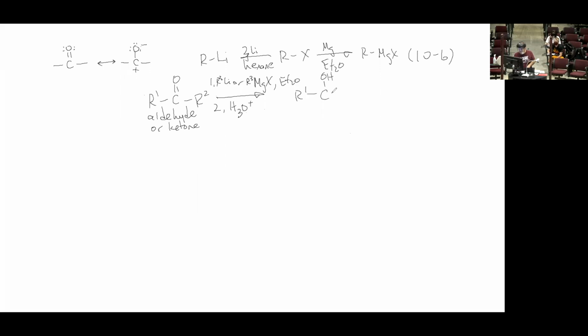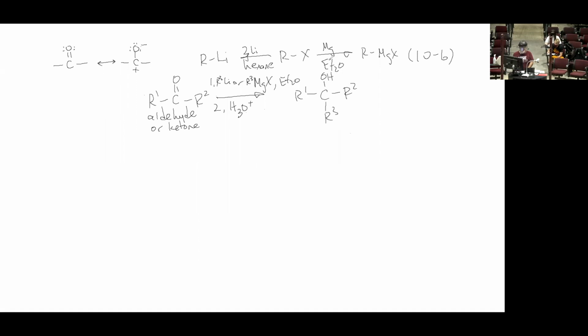And then again, we're going to need to do an aqueous workup. Here you could put, again, either H3O plus or simply H2O. I have no preference. Both of them are perfectly acceptable. Either of them might be done at times, depending on the specifics of the organometallic reagent.